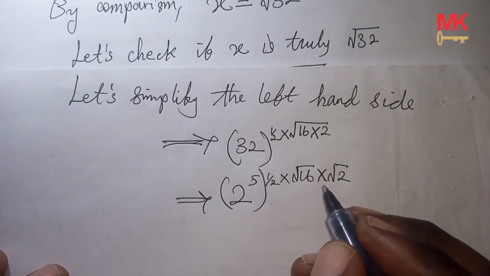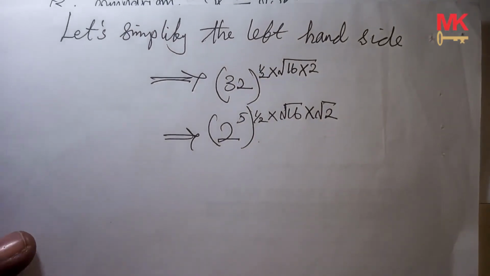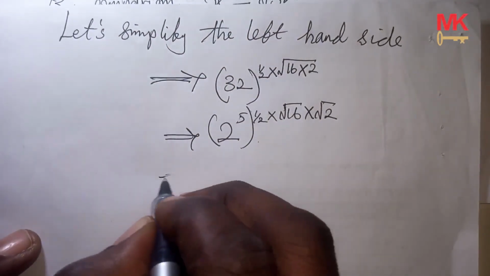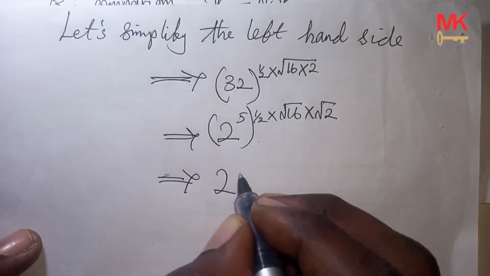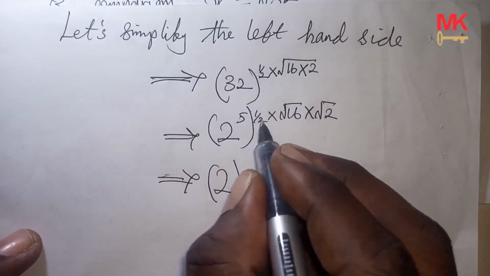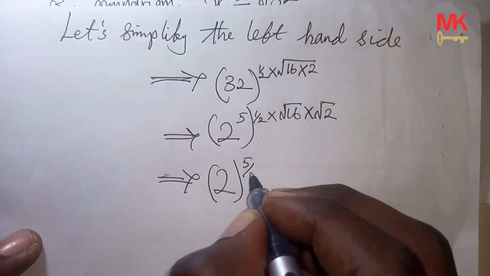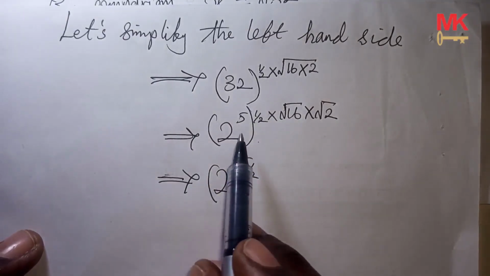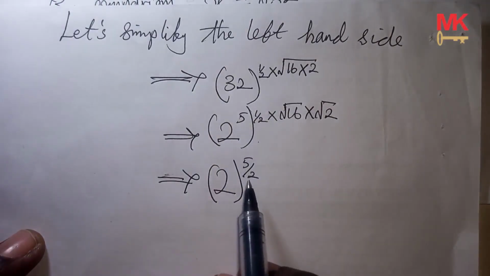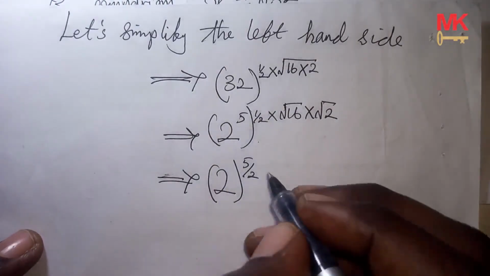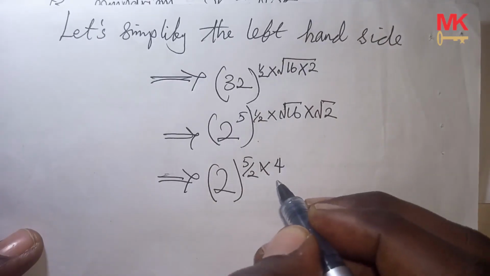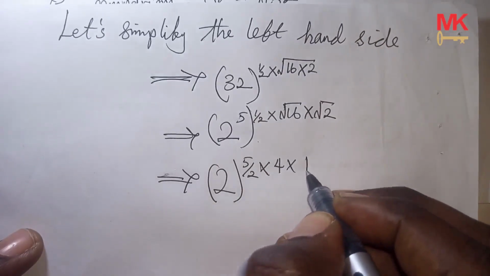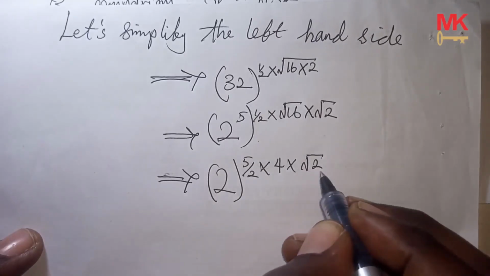These ones are all powers. So at this point, the 5 multiplies 1 over 2 to give you 5 over 2, then times the square root of 16, which gives us 4, then times root 2.